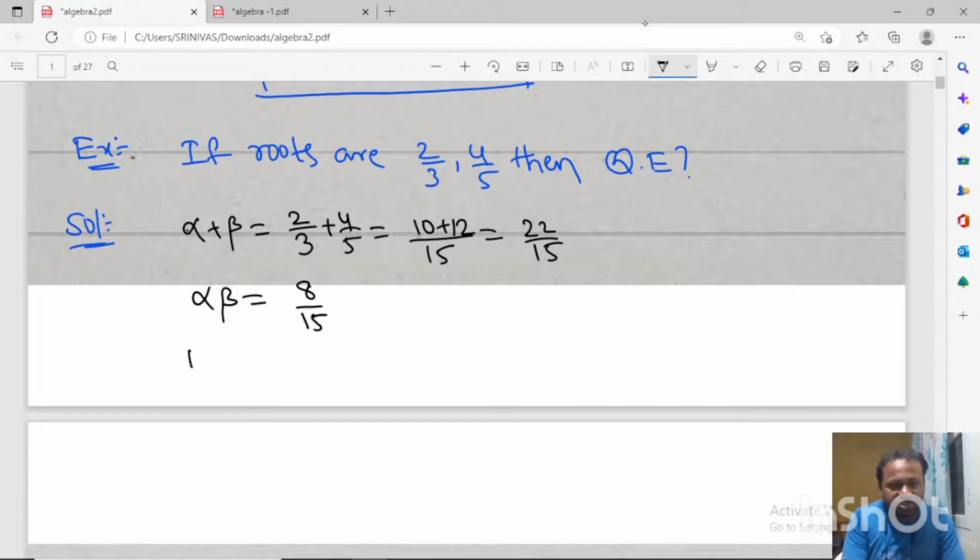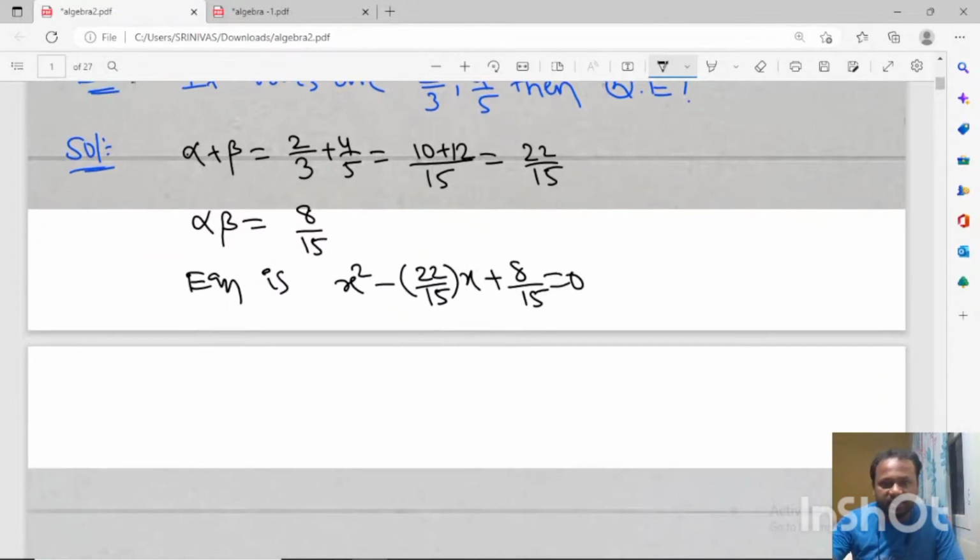So then the equation is x square minus 22 divided by 15 x plus 8 divided by 15 is equal to 0. From this, taking LCM 15, we get 15x square minus 22x plus 8 is equal to 0.